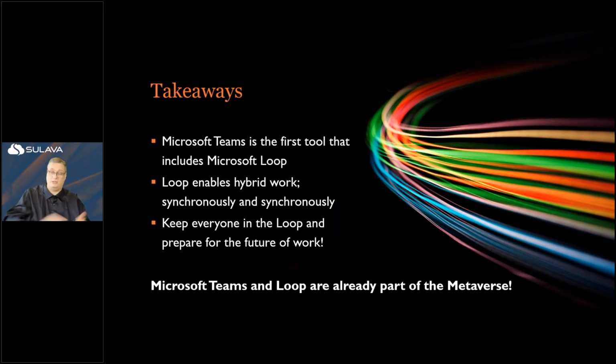And with Mesh, hey, it's already part of the metaverse, everything here, as you saw. In the whiteboard picture, there were these images taken from the Ignite presentation. It was showing people using the whiteboard in the Mesh. So that's a really big thing.